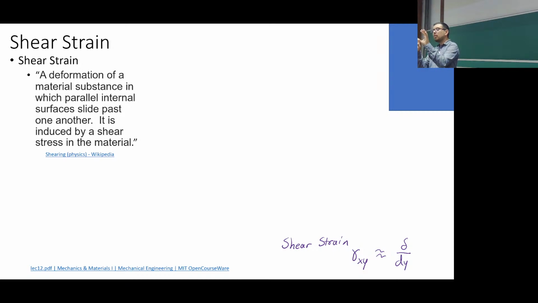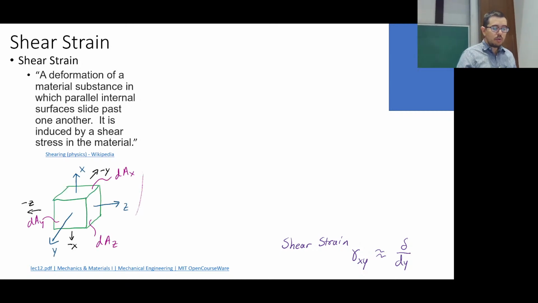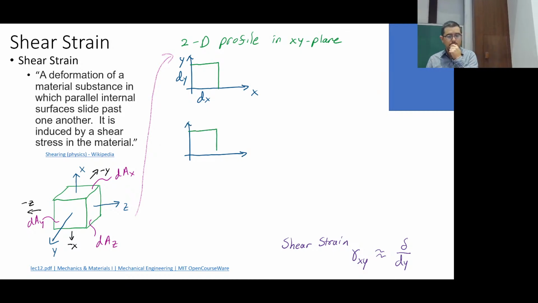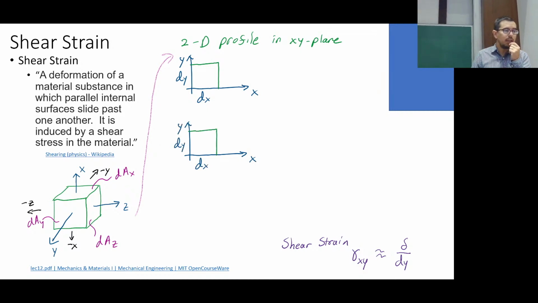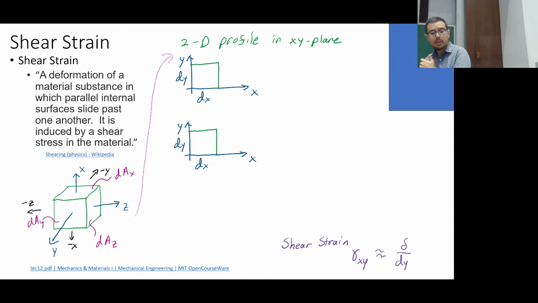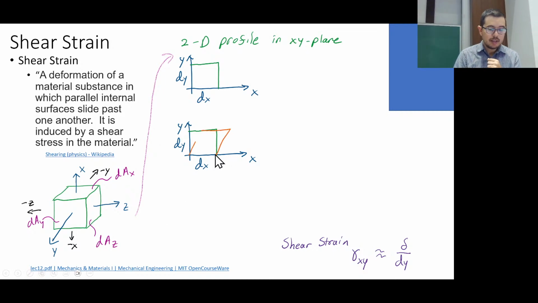Likewise, there is a parallel between shear stress and shear strain. So if we take this 2D box again and think about moving the top face, this is maybe a little counterintuitive.